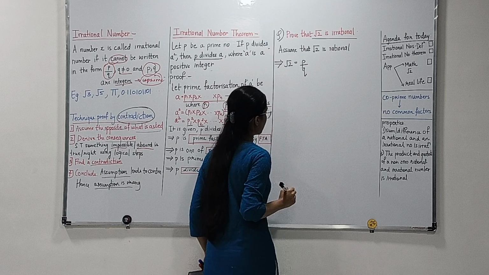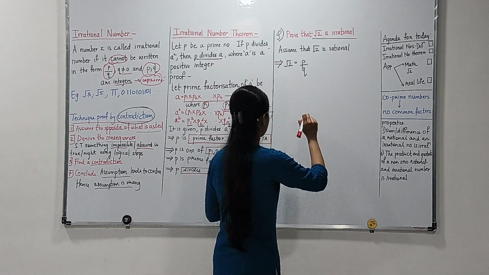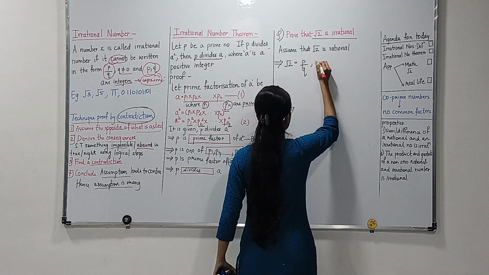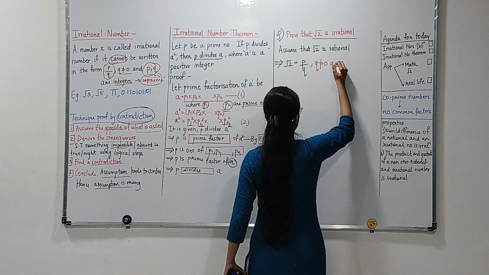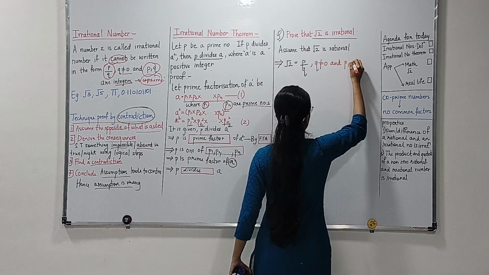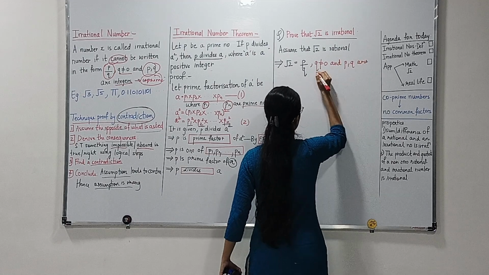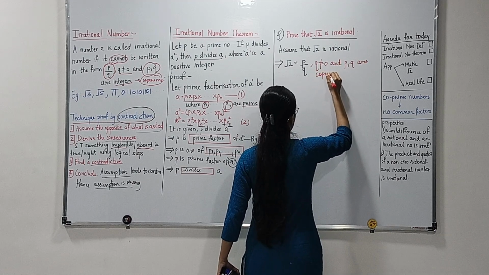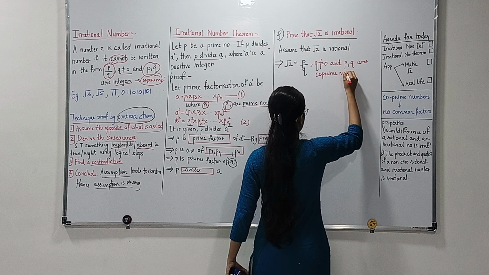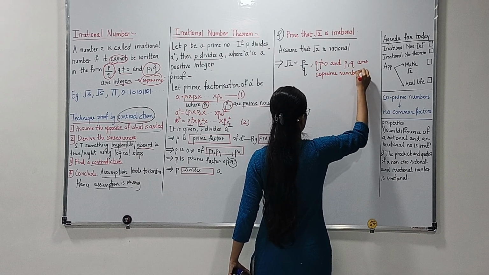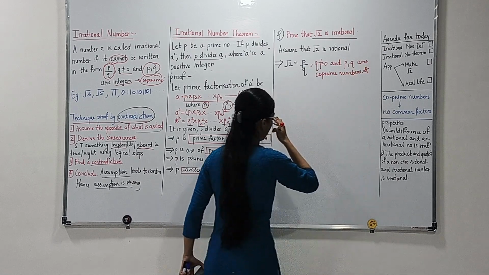Now this is a very, very important step. You need to mention this where Q is non-zero and P, Q are co-prime numbers. Very important.